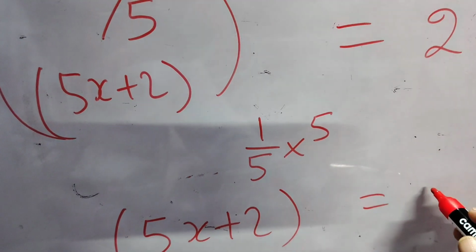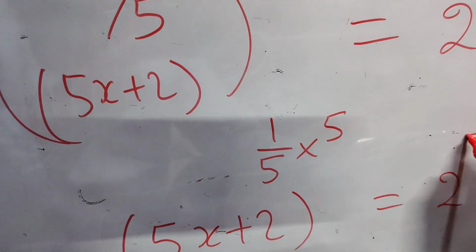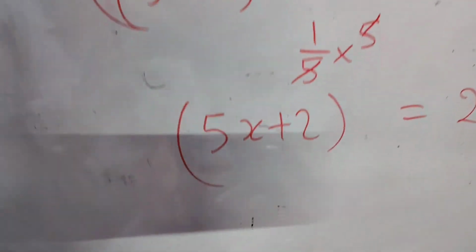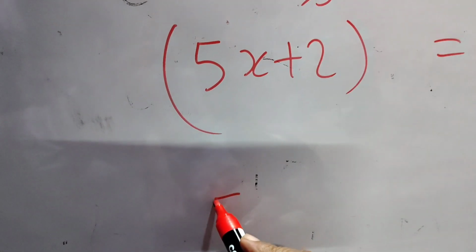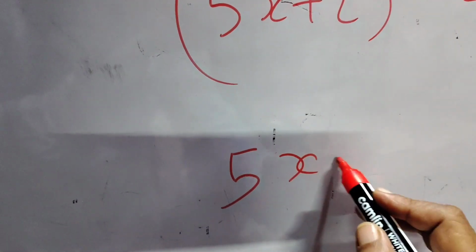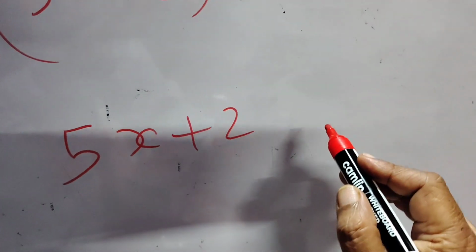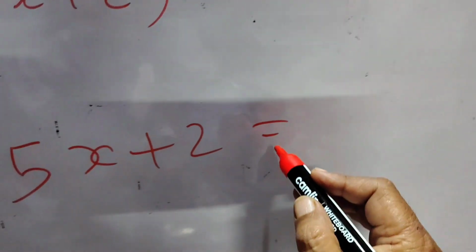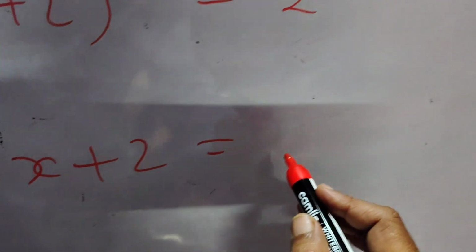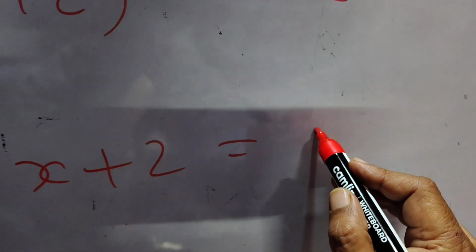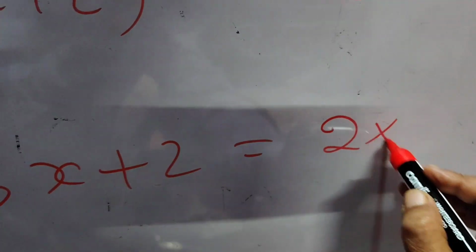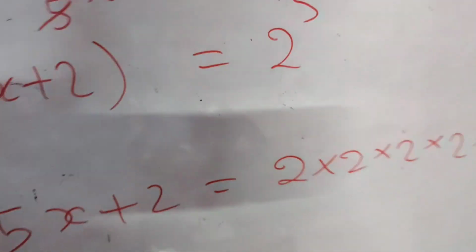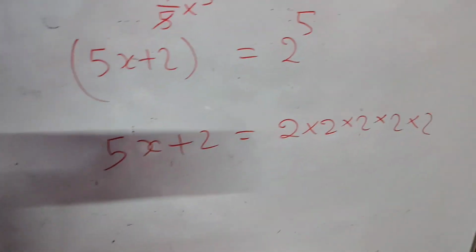And this is very simple, 2 to the power 5 we will write. Power 5 is cancelled, so this becomes 5x plus 2 to the power 1, so it becomes 5x plus 2, and this is 2 into 2 into 2, 5 times. If you multiply, it will become 32.